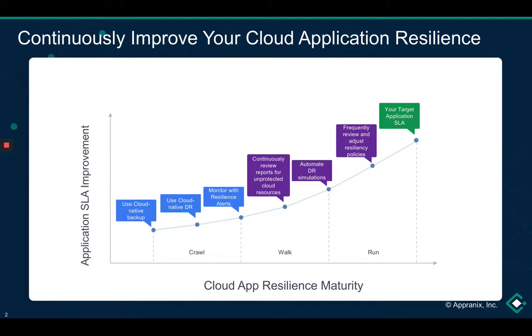So at the end of the day, once you're all settled, you can very easily see how you could achieve your target SLA given your situation, given your application types, given your environment cost and so on. You could target an application SLA that is applicable for your application as well as your organization requirements and so on.